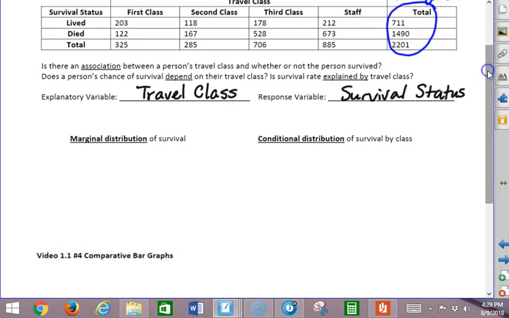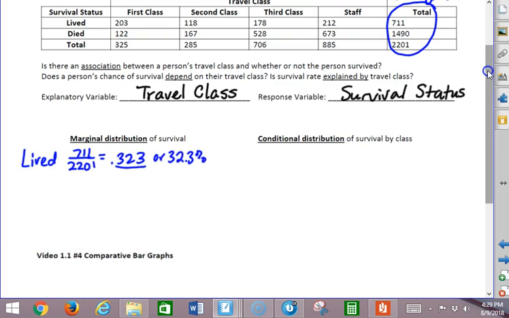So I'm going to take lived. The proportion that lived is going to be 711 out of 2,201. And that turns out to be 0.323, or 32.3%. Okay, and you can leave it either way. I'm going to go ahead and write that, but we don't have to.